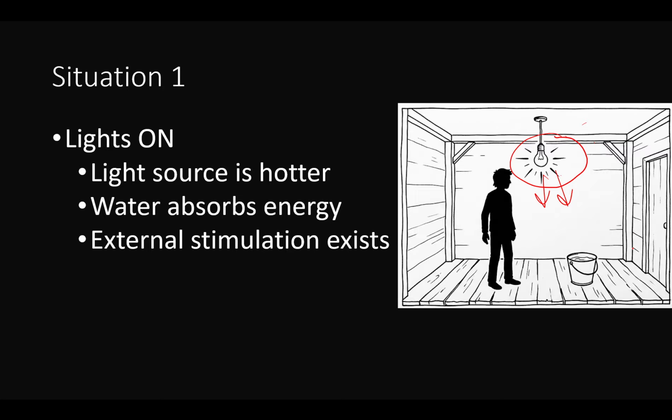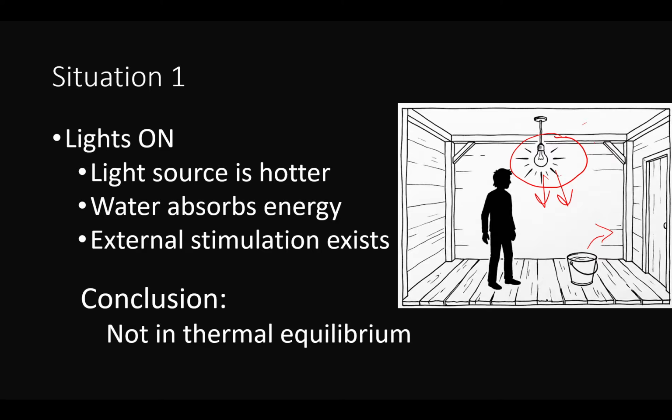At the same time, it may also lose heat to its surroundings. So these two processes may balance each other, and the temperature of the water may or may not change. But from our definition, we remember that the object must be free from external stimulation. Since the light is continuously supplying energy, the water is not in thermal equilibrium.